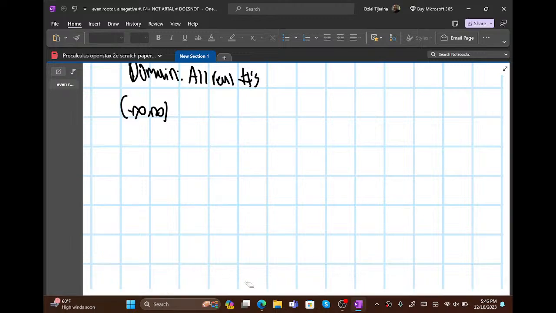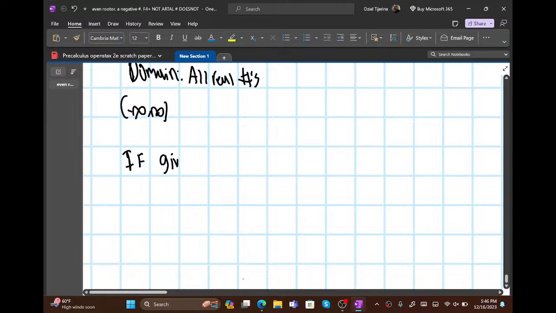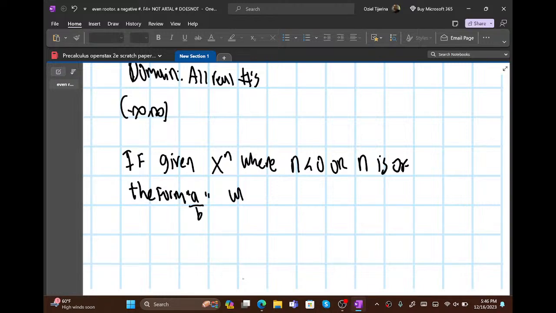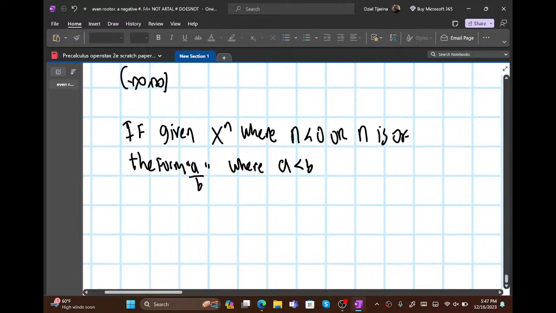So if given x to the n, where n is less than 0 or n is of the form a over b, where, I don't know, I'm thinking where a is less than b, then this is not a polynomial function.